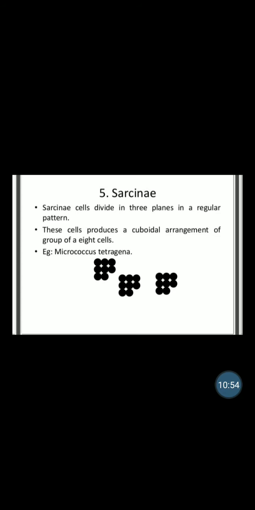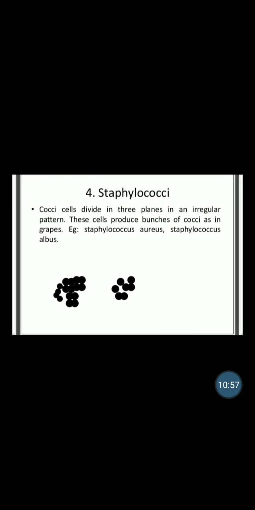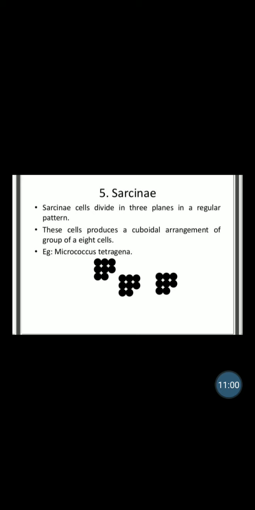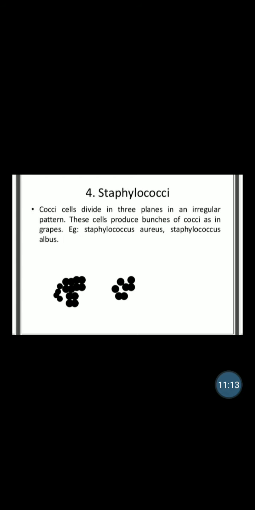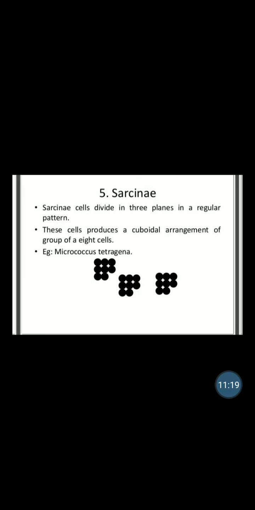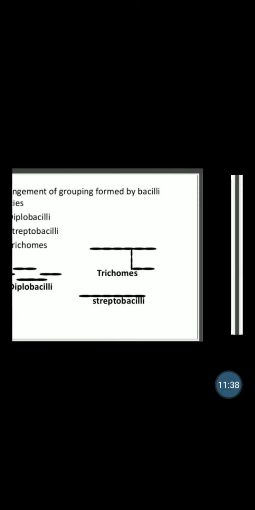Keep in mind the difference: staphylococci are also divided in three planes, but they are arranged in an irregular pattern, and sarcinae are arranged in a regular pattern. Sarcinae produce a cuboidal arrangement, a group of 8 cells, for example Micrococcus tetragena. Keep in mind, sarcinae are a group of 8 cells.